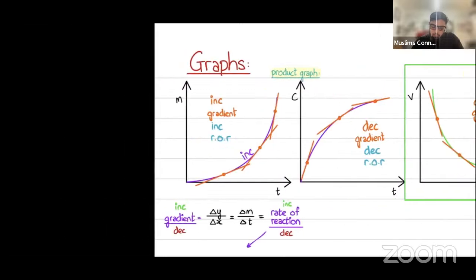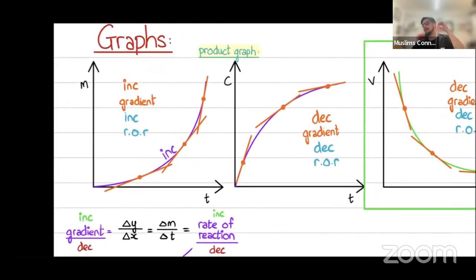But we need to be able to understand the gradient story, whether the gradient is increasing or decreasing. So looking back at these two graphs, that's why I drew the tangent lines, the straight line tangents, because then we can see whether it's becoming steeper or less steep.